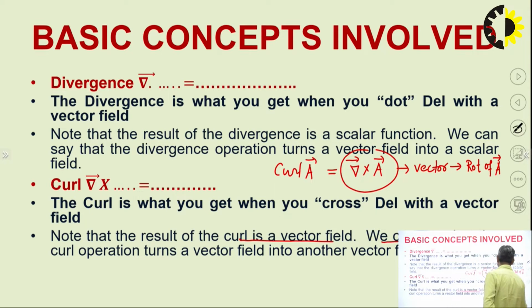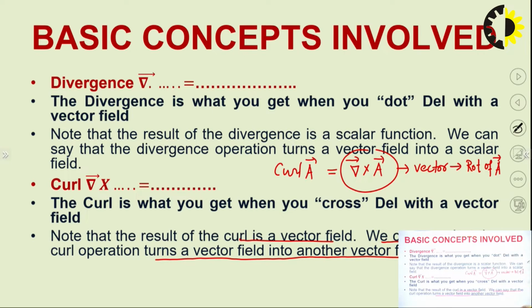The curl operation turns a vector field into another vector field, divergence turns a vector field into a scalar field, and gradient turns a scalar field into a vector field.